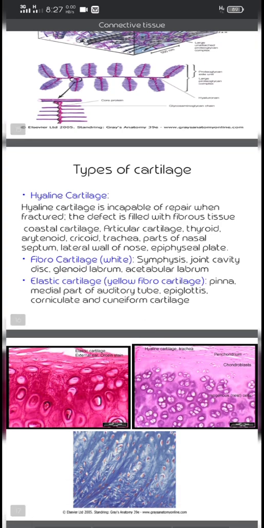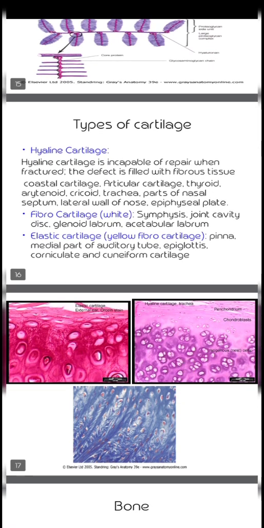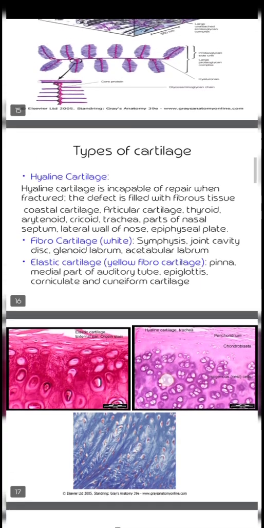Trachea is the windpipe. Parts of nasal septum. Nasal septum is the division between two different nostrils of the nose. Lateral wall of the nose and epiphyseal plates. Epiphyseal plate is the demarcation from where the long bone is growing. We'll see it in bone too.